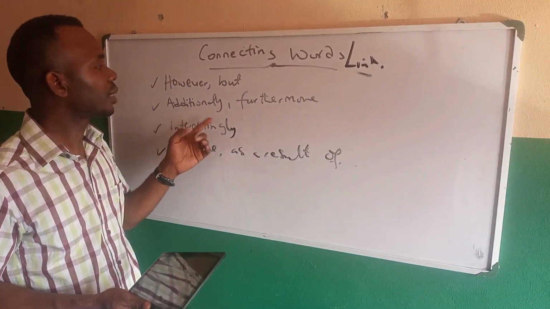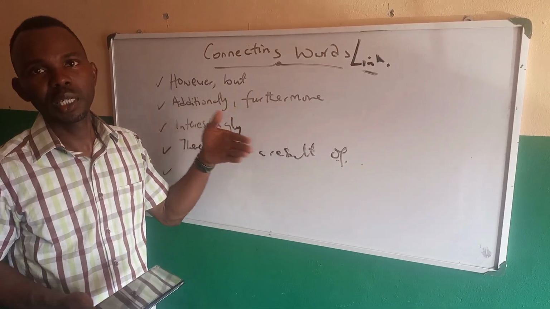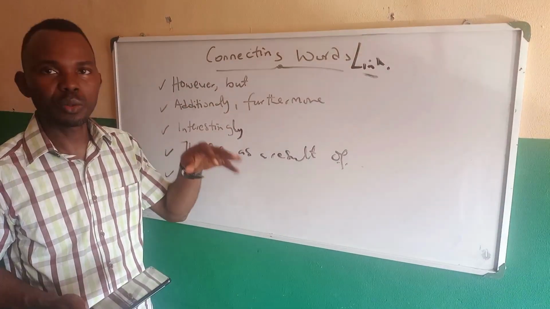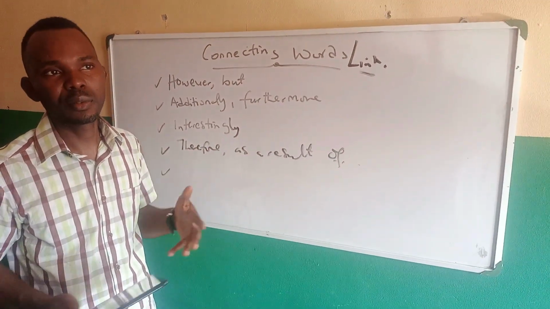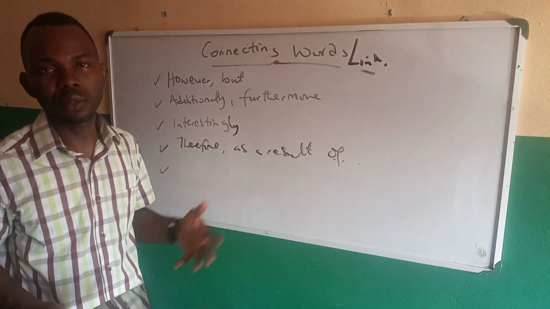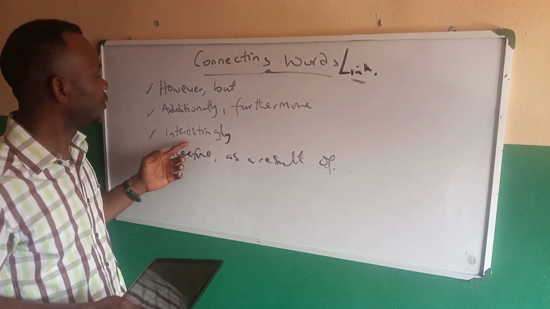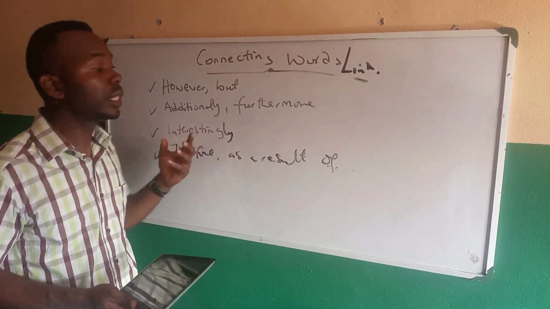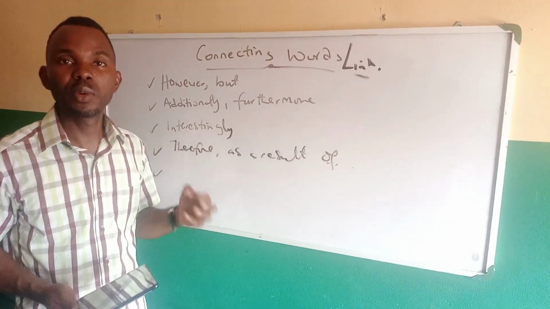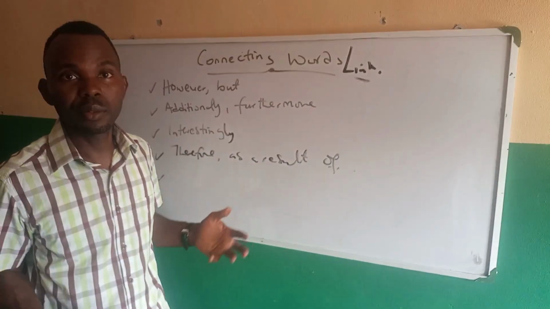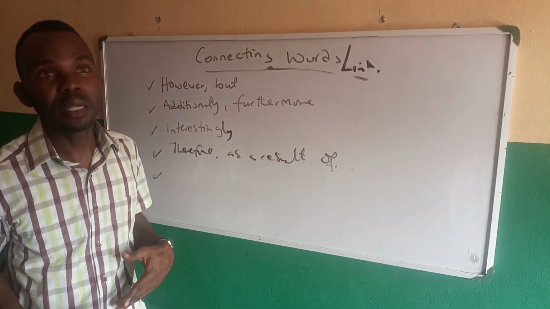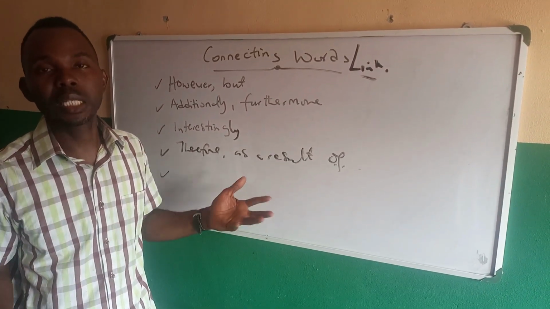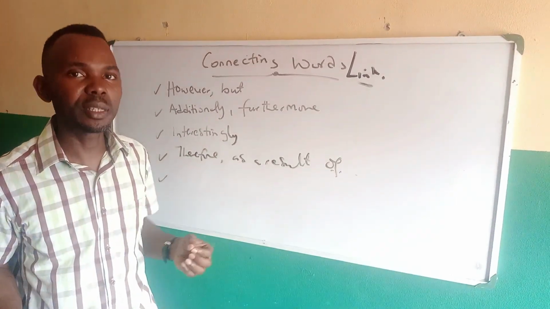Then if you use something like additionally or furthermore, it means you are about to add to what you've been saying, like extra additions. Then a word like interestingly is very important when you want to say something exciting, something that makes you feel very happy, like a happy experience.